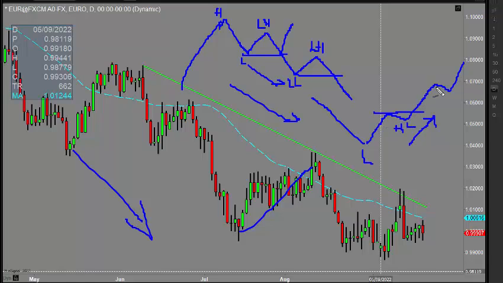As it breaks up here and does it a second time, of course you've got another higher low and a higher high. So you start moving through higher highs, higher lows. That's a bullish direction. Lower highs, lower lows is a bearish direction. So that's reading the price.